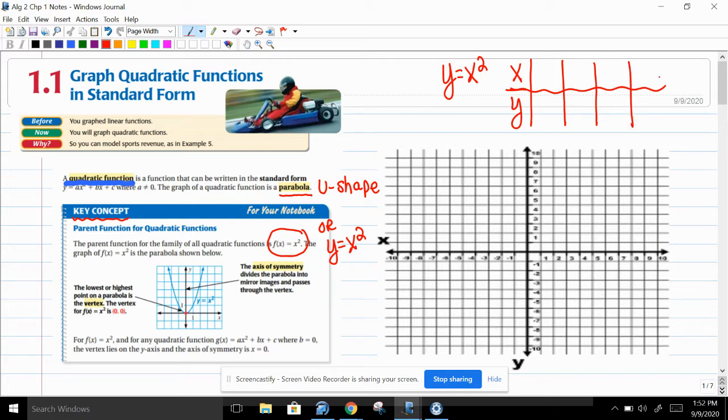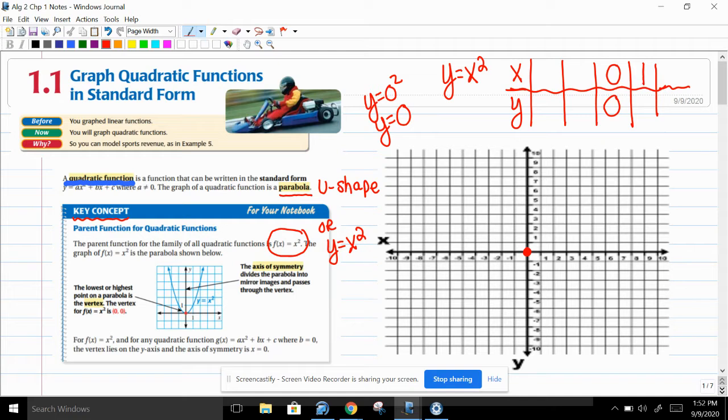I'm going to put 0 in the middle, and you're going to find out why in a minute. When x is equal to 0, y is 0 squared, which is 0 times 0, which is 0. So 0 comma 0 is my first ordered pair, which is obviously the origin.